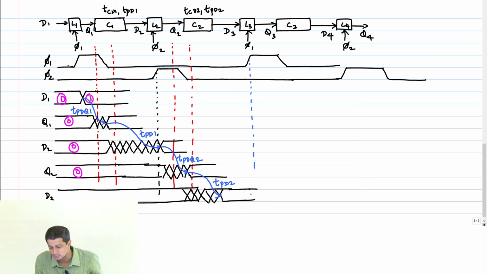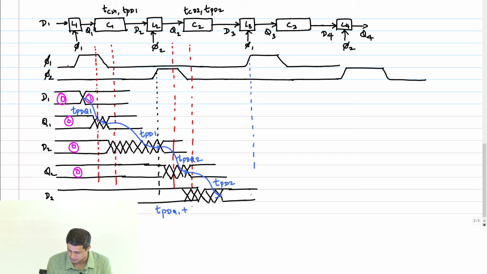How far can this edge move if I don't want to borrow time from the next cycle? It should finish exactly at TC, right? So therefore, I'm just now going to write the sum of all of this.